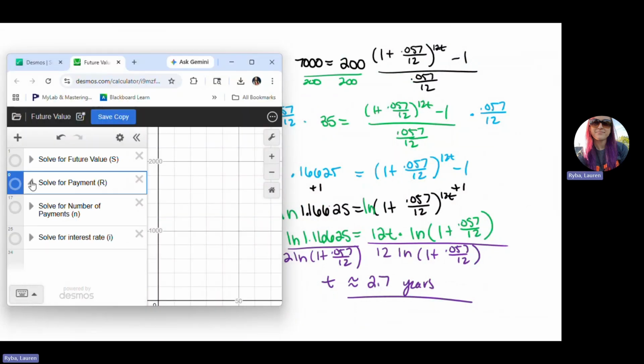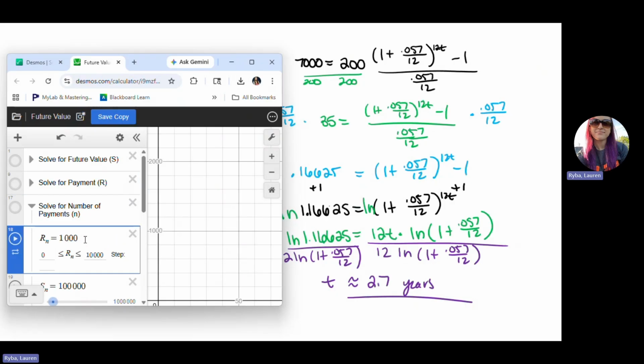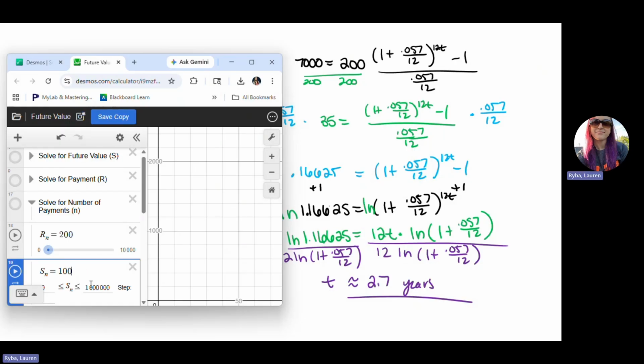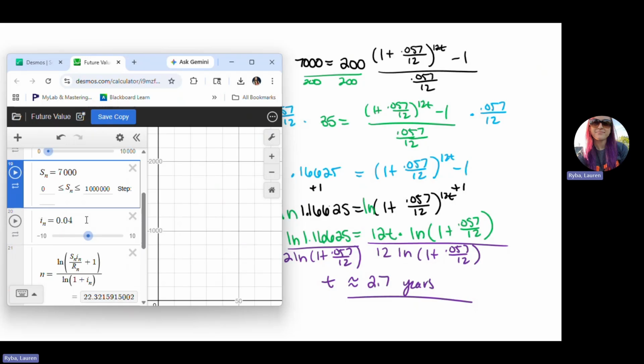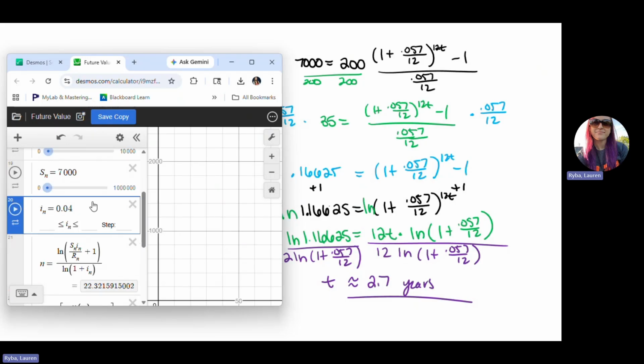So if I go back to the top here, it says I can solve for the number of payments. So I know I can put in 200. My goal is 7,000. And my interest rate is 0.057 over 12.